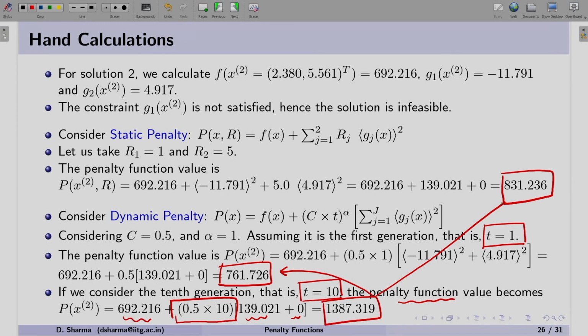So this means that with the static penalty, whether it is generation 1 or 10, the penalty function value will remain the same. However, with the dynamic penalty, as we have seen here, if it is generation number 1, then the penalty term will be less. However, when you consider say the 10th generation, the penalty term will be large, and accordingly the penalty function value will be so large.